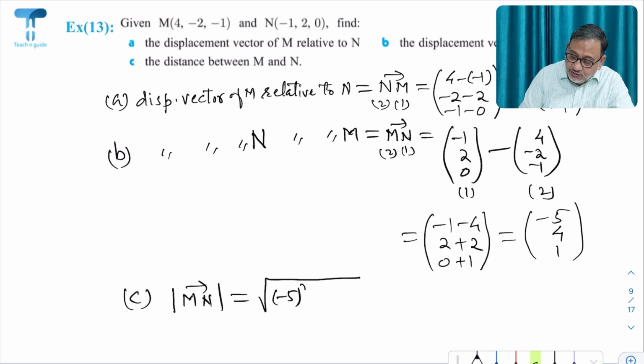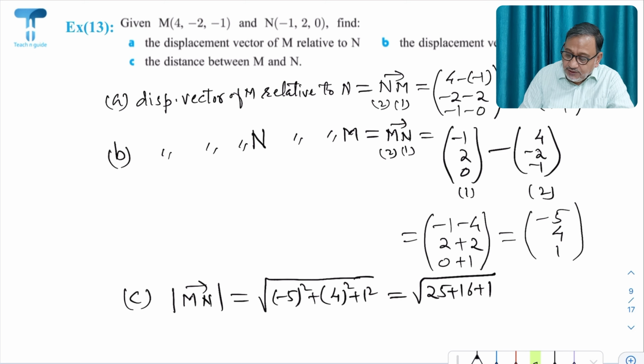I am taking from MN the second vector, 4 squared, 1 squared, right? So it will be 25 plus 16 plus 1. So 42. Okay. So this is square root of 42 units, right?